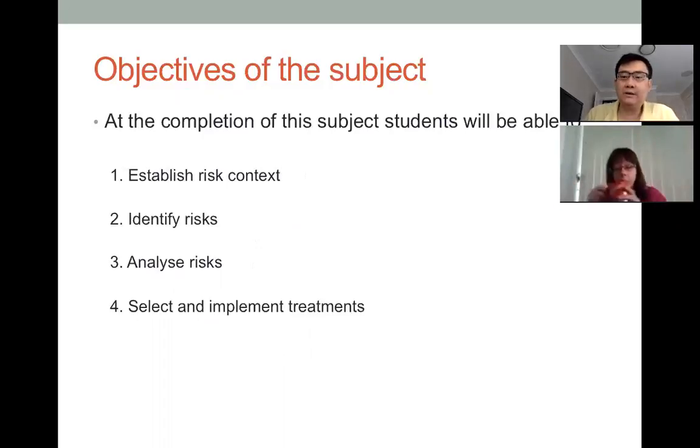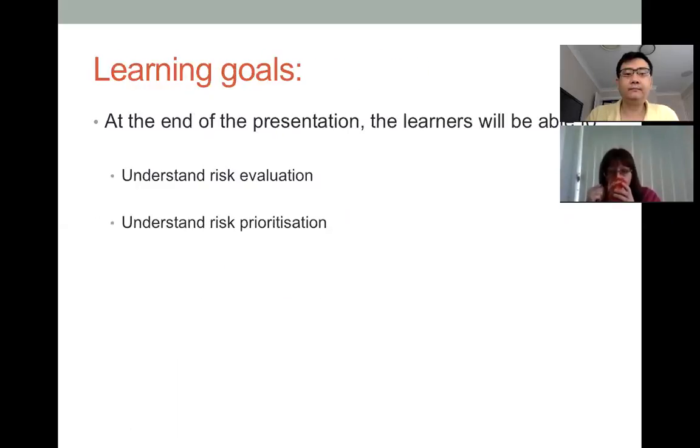We analyzed the risk, and now we are also working on the treatment. With this module, we are going to discuss risk evaluation and risk prioritization, and a number of things we need to look at when evaluating and prioritizing risks.